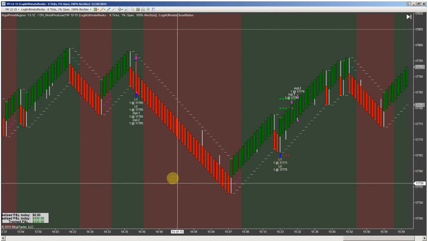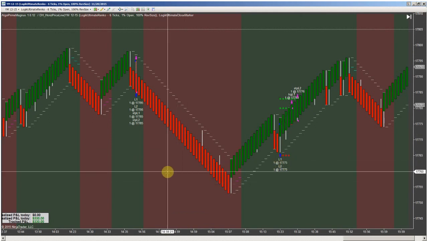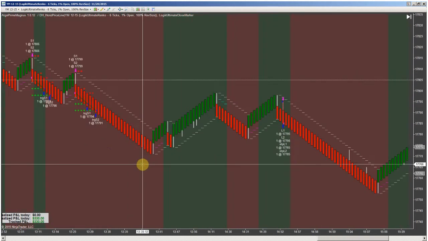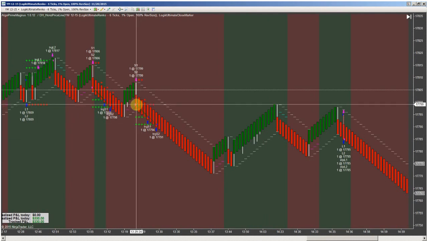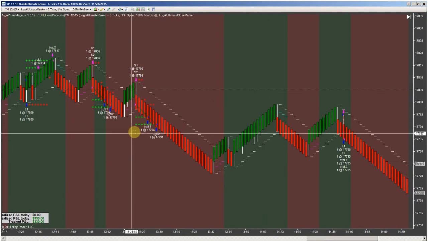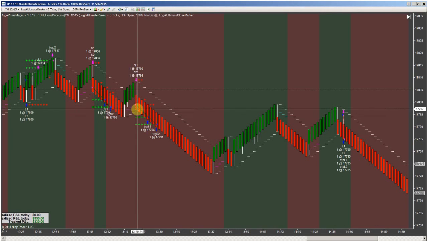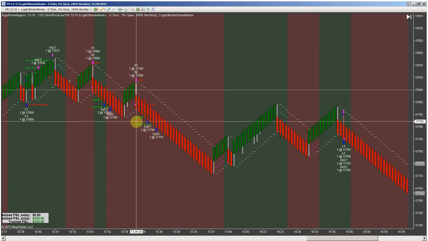So anyway, AlgoPrime was produced just to help traders who have smaller accounts. And when I'm talking about a smaller account, I'm talking about something around the size of $10,000. If you have less than that, I think you're creating huge risks for yourself. It's always best to trade 2 contracts.